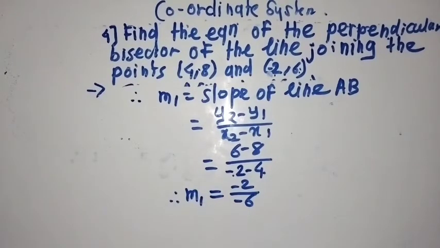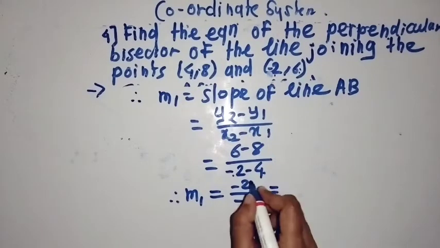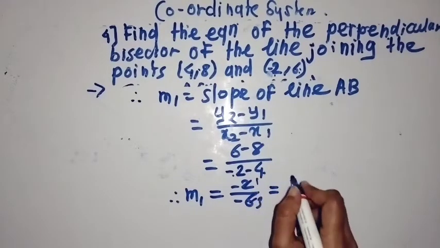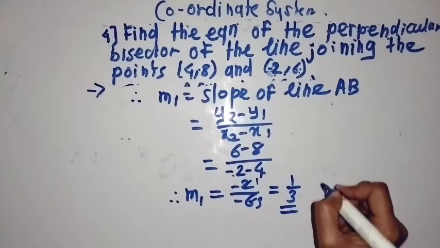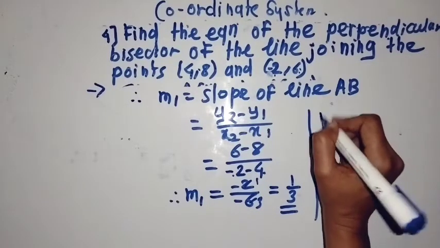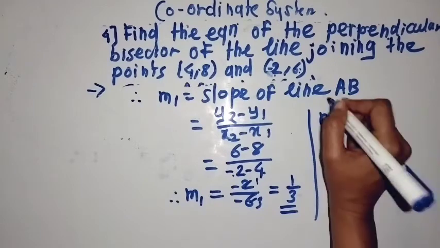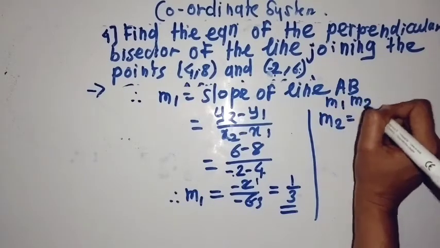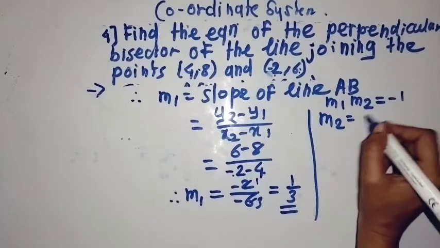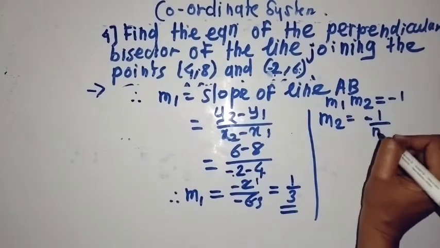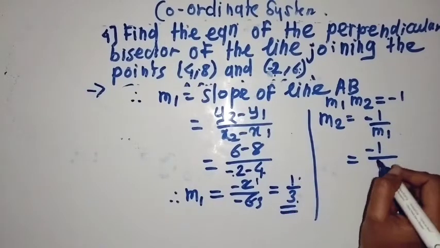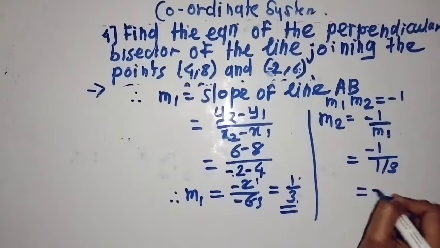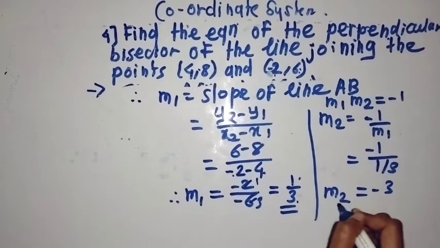Hence m1 is 1 upon 3. But how to find m2? Here m1 into m2 is equal to minus 1, so m2 is equal to minus 1 upon m1, which is minus 1 upon 1 upon 3, that is, minus 3. Hence the slope m2 is minus 3.